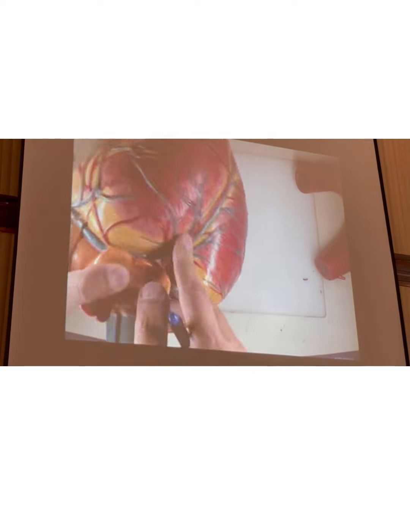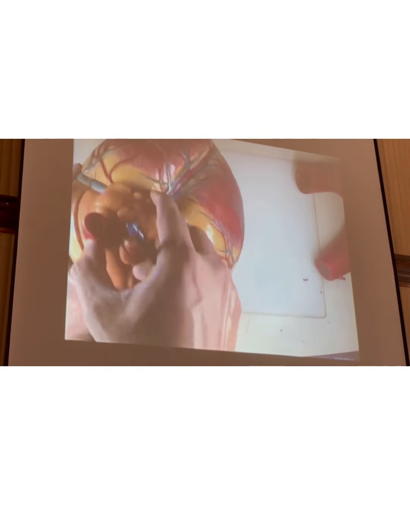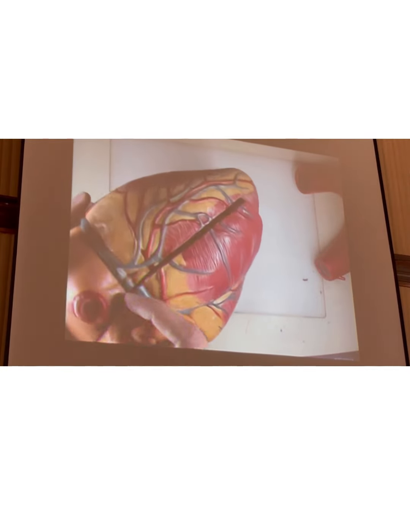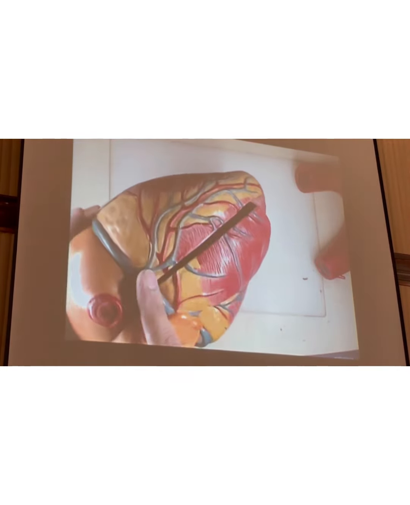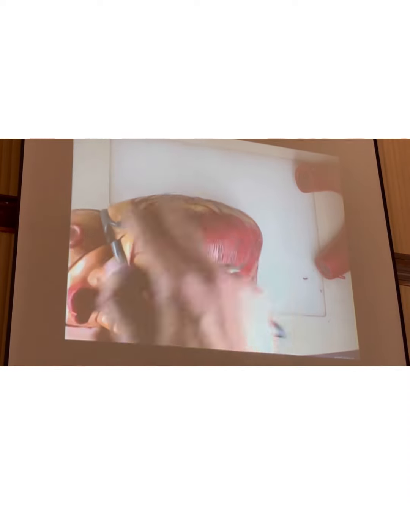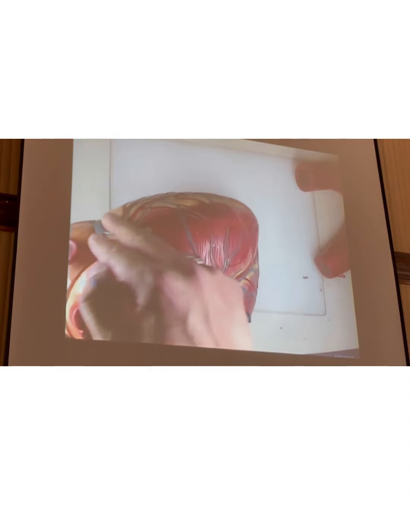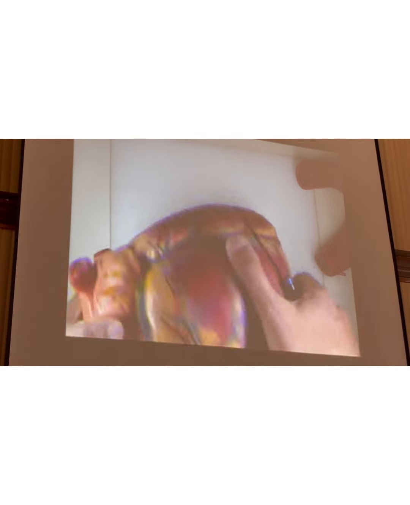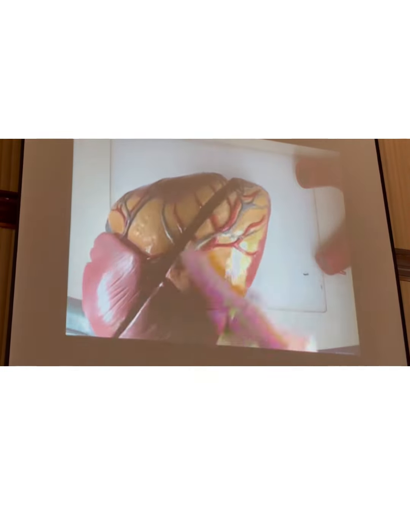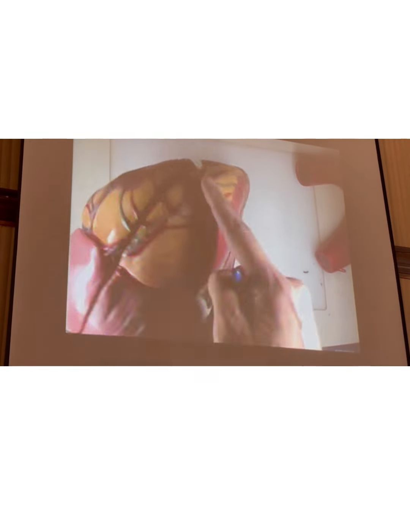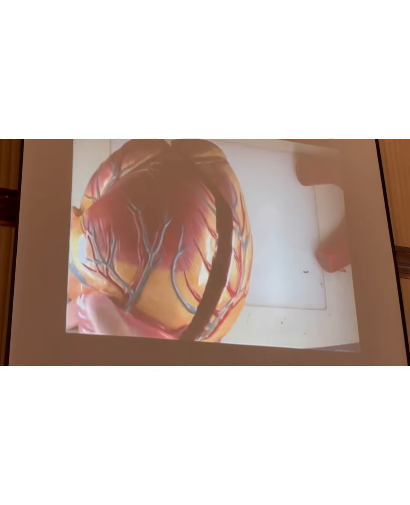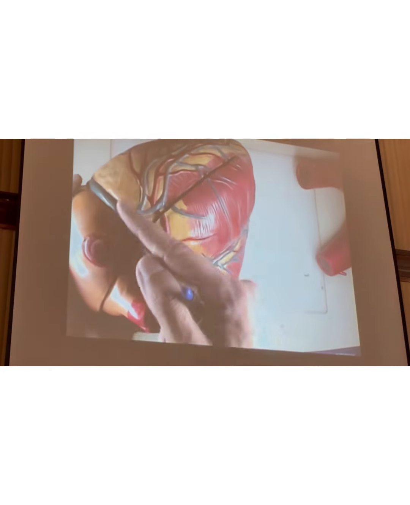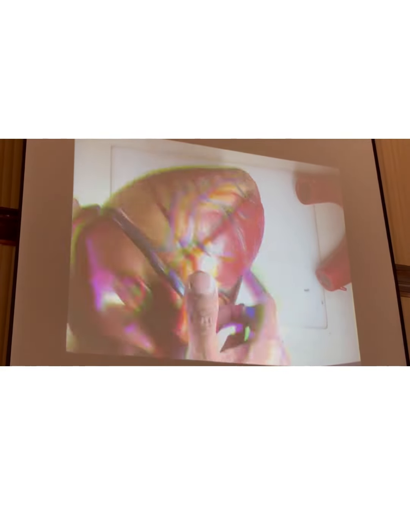The great cardiac runs in the anterior interventricular groove, then it runs in the atrioventricular groove and joins the lesser cardiac. Sorry, no, this is the left marginal vein. And the lesser cardiac is here. It joins the great cardiac, then the left marginal.